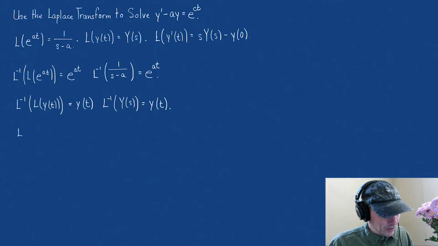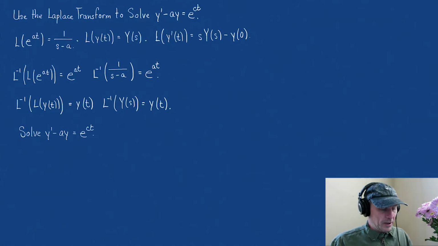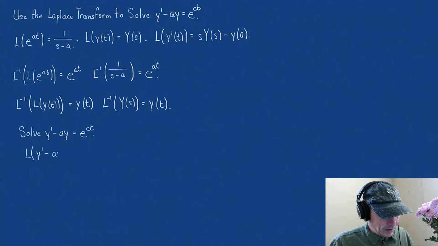So we're going to now solve y prime minus ay equals e to the ct. We start by applying the Laplace transform to both sides: the Laplace transform of y prime minus ay equals the Laplace transform of e to the ct.